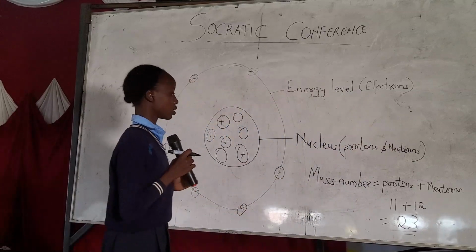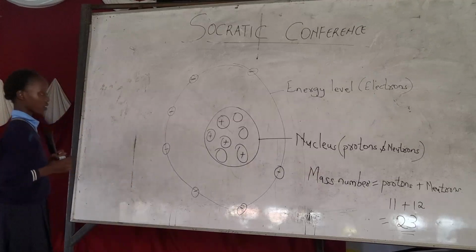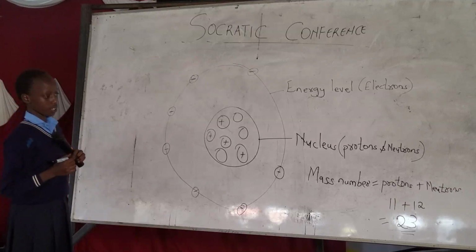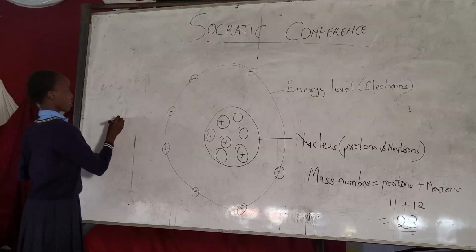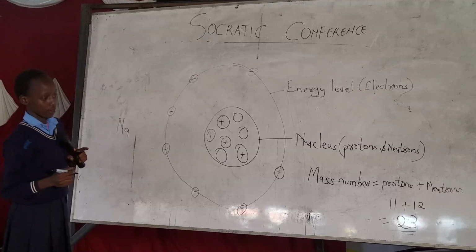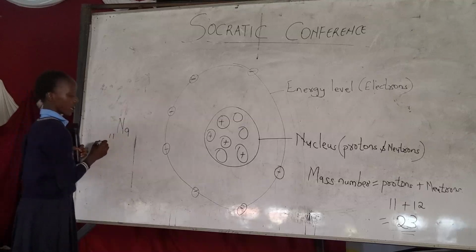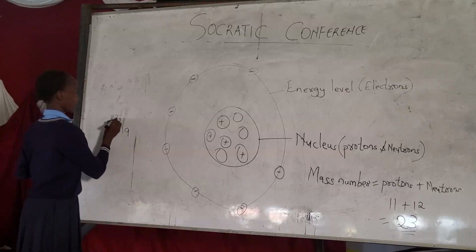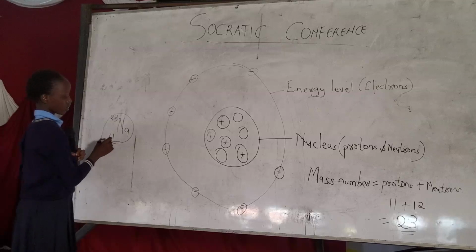And it can be represented by a chemical symbol, where you use the symbol, for example, for sodium, the symbol is Na, and you will write the atomic number as the subscript and the mass number as the superscript.